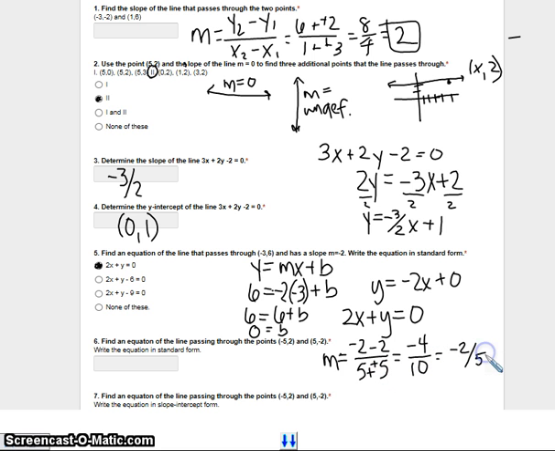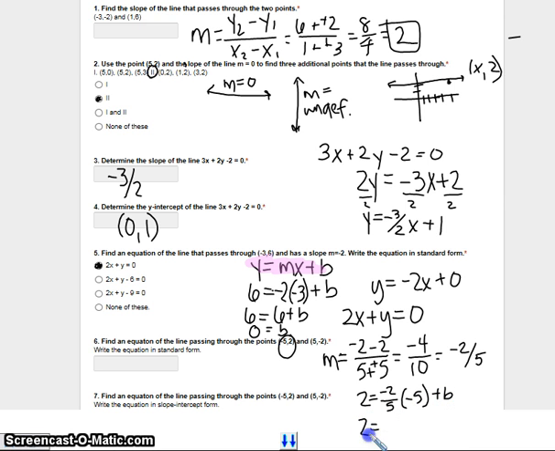You do need to reduce that. Then I can use that y equals mx plus b, like I have right here. I can use that again. It doesn't matter which point you use, I'm just going to use the first point. Y is 2 equals mx, so m is negative 2/5, x is negative 5, and then plus b.